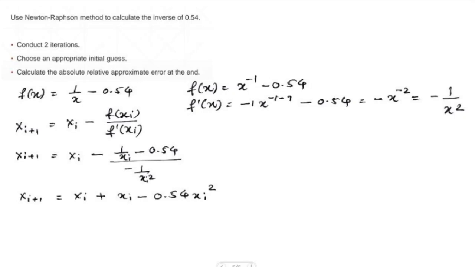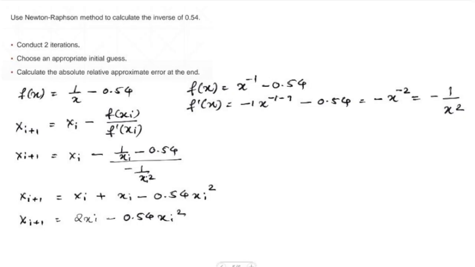Simplifying further, xi plus 1 is equal to 2xi minus 0.54 xi squared, right?